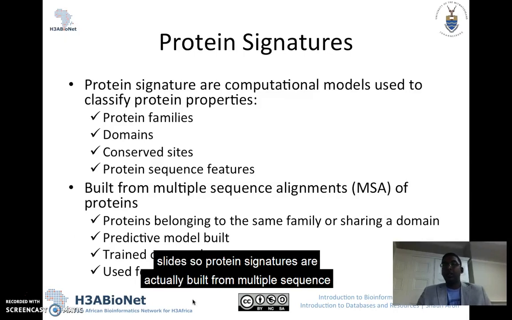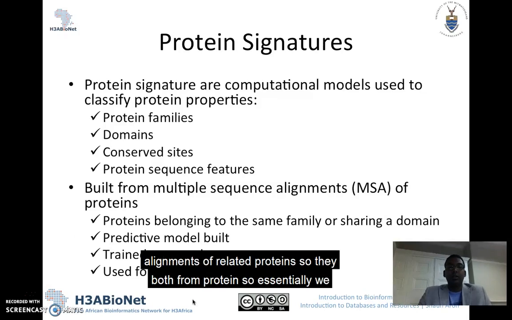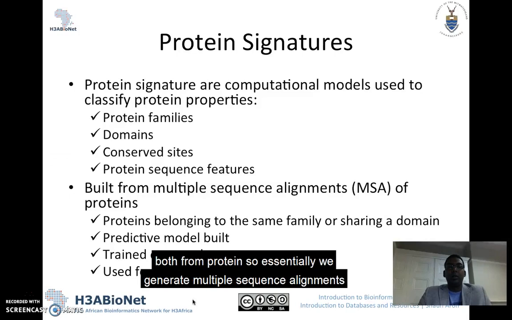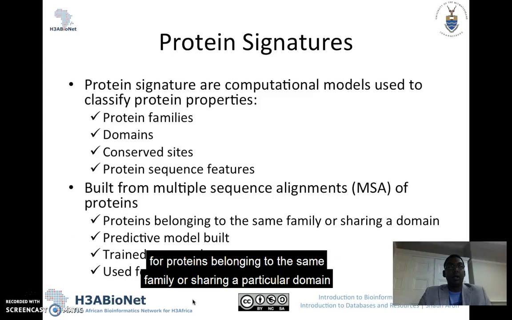Protein signatures are built from multiple sequence alignments of related proteins. Essentially, we generate multiple sequence alignments for proteins belonging to the same family or sharing a particular domain.